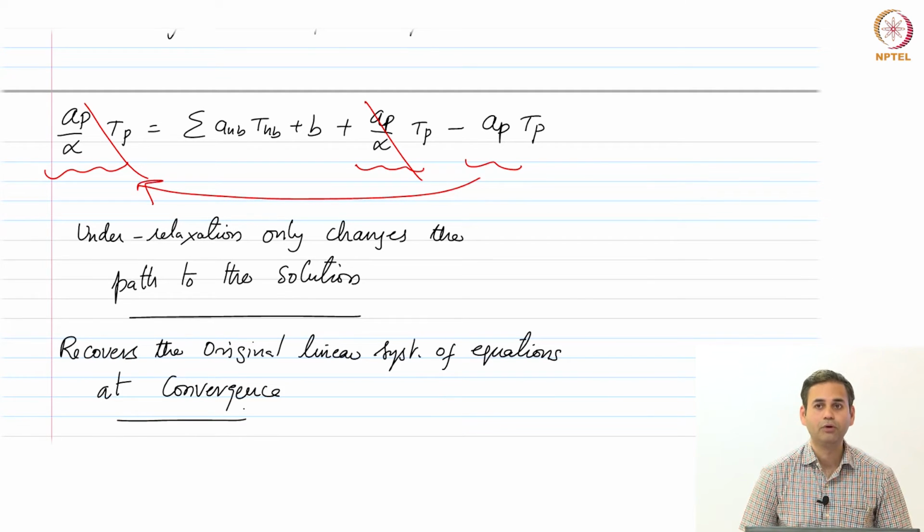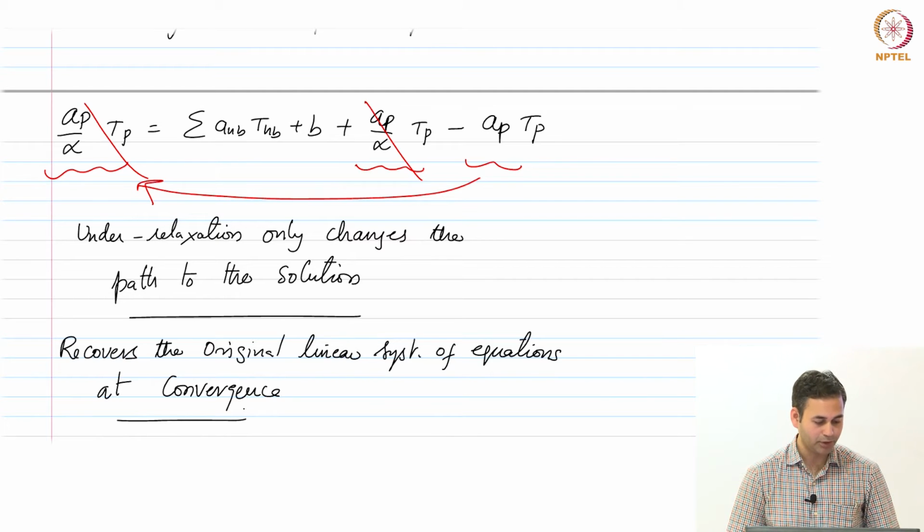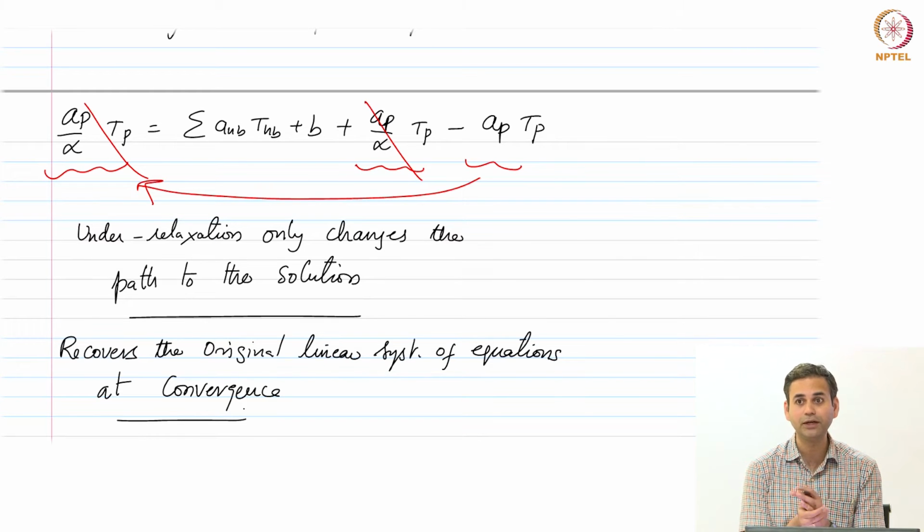So, we get back the same system as we converge. Any relaxation scheme that you develop should satisfy these properties. It should recover the original system as you reach convergence, otherwise that scheme is not useful, and also for any arbitrary relaxation parameter that you would use.